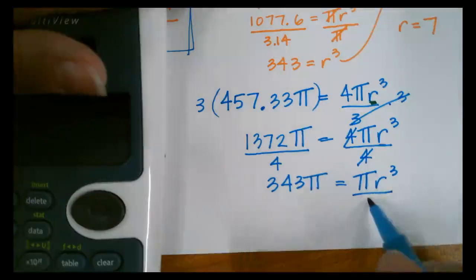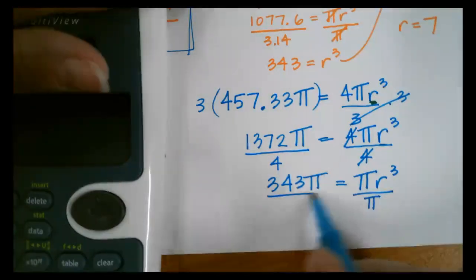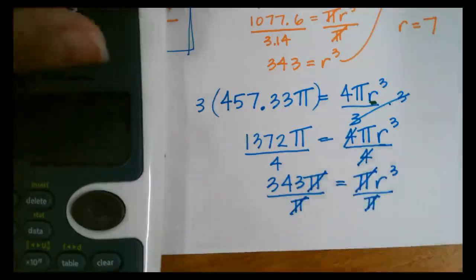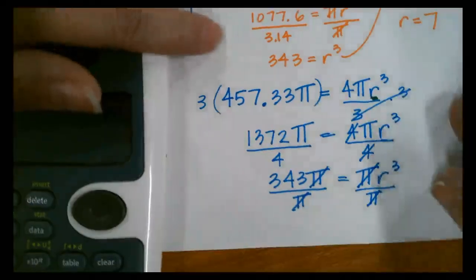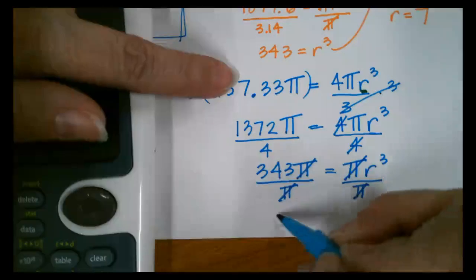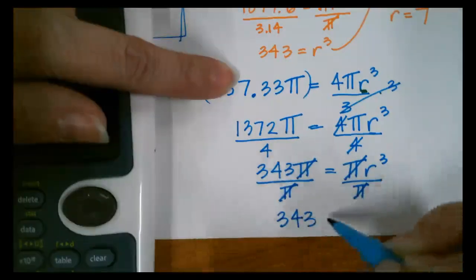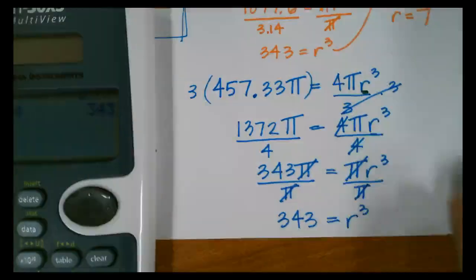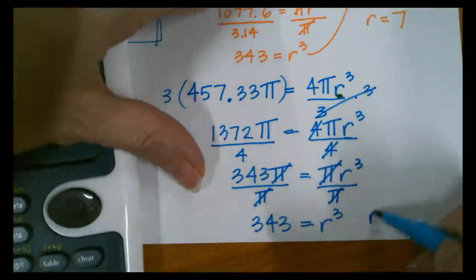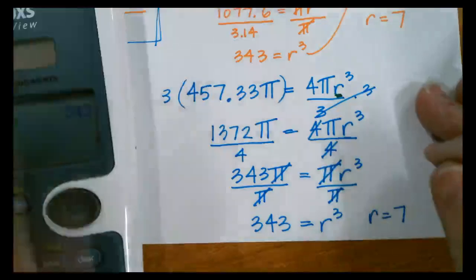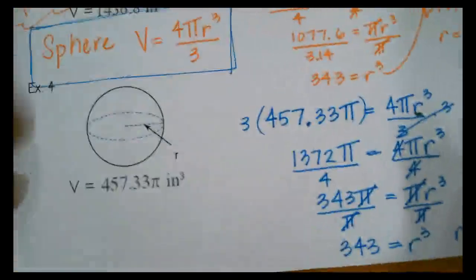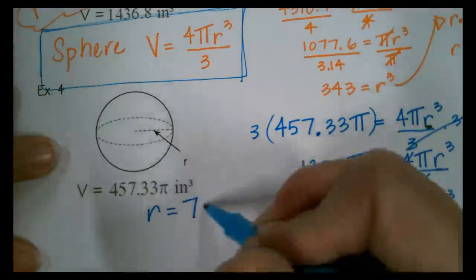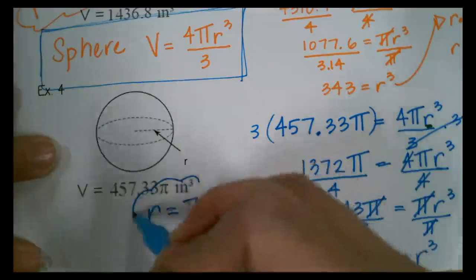So now I need to divide by pi, and this time I'm just going to cancel the pi out, so I don't need the 3.14. So I ended up with 343 equals r cubed, and we just did that problem, so we know that r is 7. So for this sphere, I know that the radius is 7 inches.